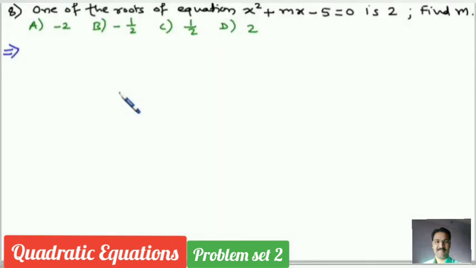See friends, in the 8th one, one of the roots of the equation x square plus mx minus 5 equal to 0 is 2. Find m. One root is given, that is 2.